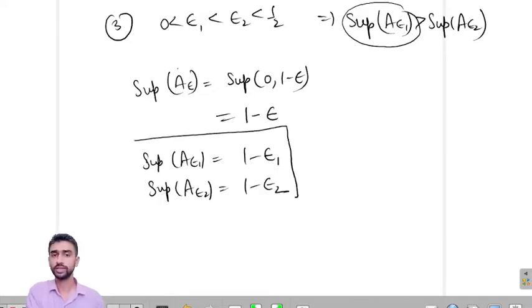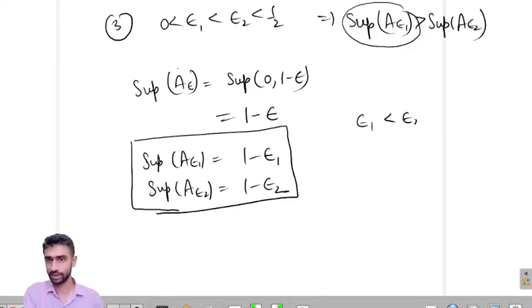Now out of these, just think which one will be greater. We will just find. If epsilon 1 is less than epsilon 2, then if I just do 1 minus epsilon 1 and 1 minus epsilon 2, the smaller the number, when I subtract it from 1, it will result in a greater thing. So the sign will change here.